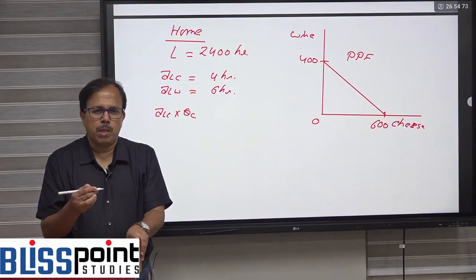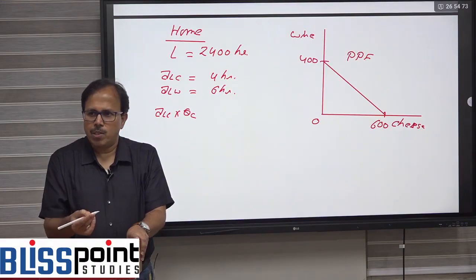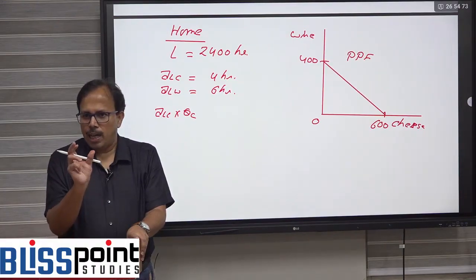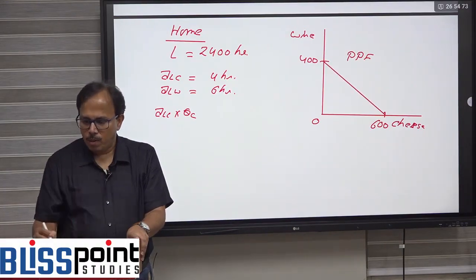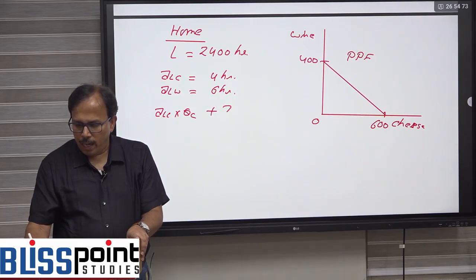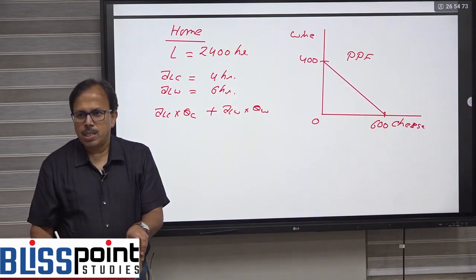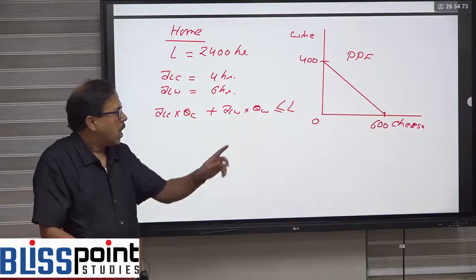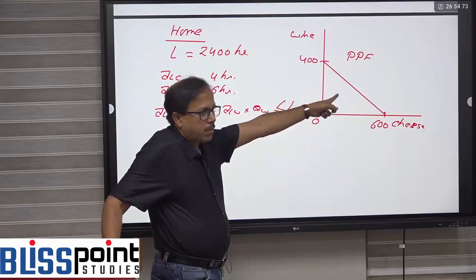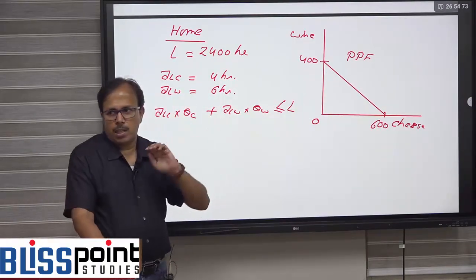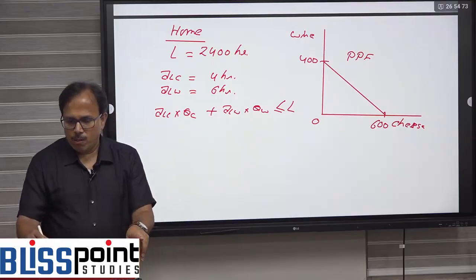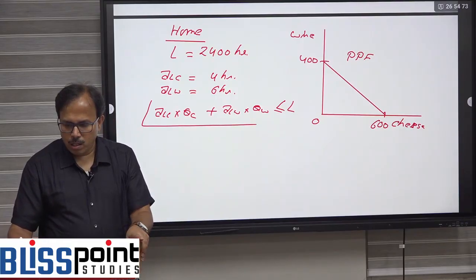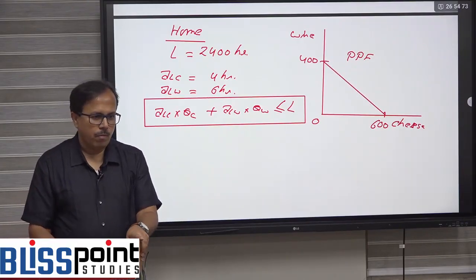How much time it takes to produce 1 unit, multiplied by the quantity of cheese. So that will denote time allocated for cheese, plus ALW into QW is time allocated for wine, and that must be less than or equal to L. Equal to means on the line, less than inside the line.